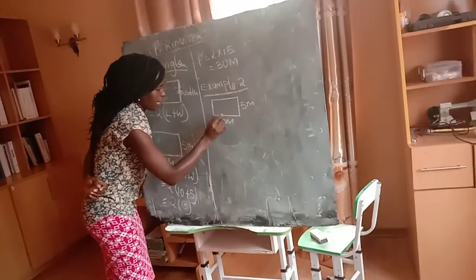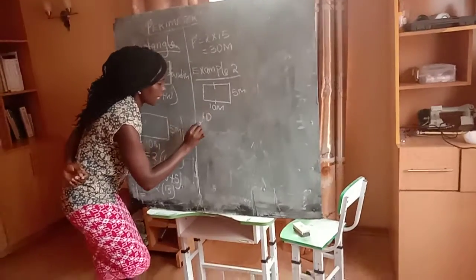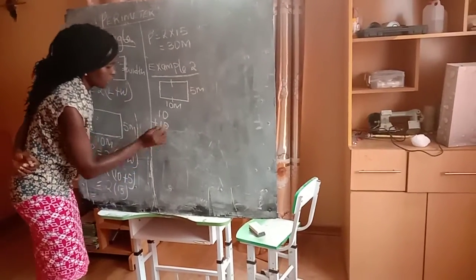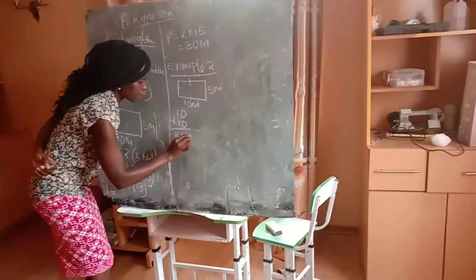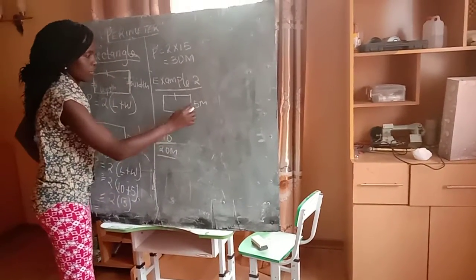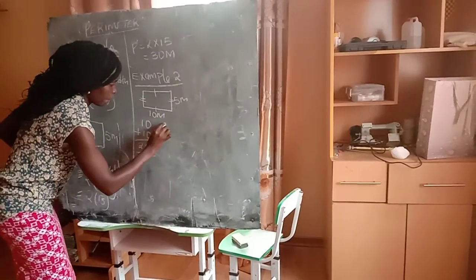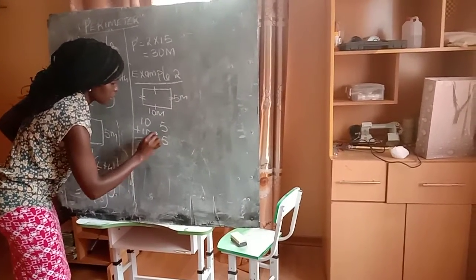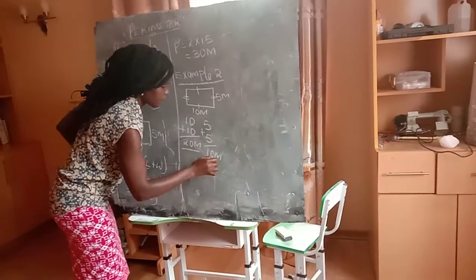You can decide to add the length. This side is equal to this side, so you say 10 plus 10. You get 20 meters. Then you take the width and the width, you add together. 5, 5. You get 10 meters.